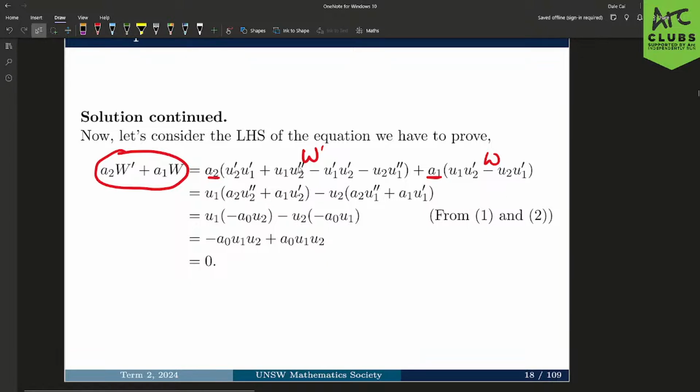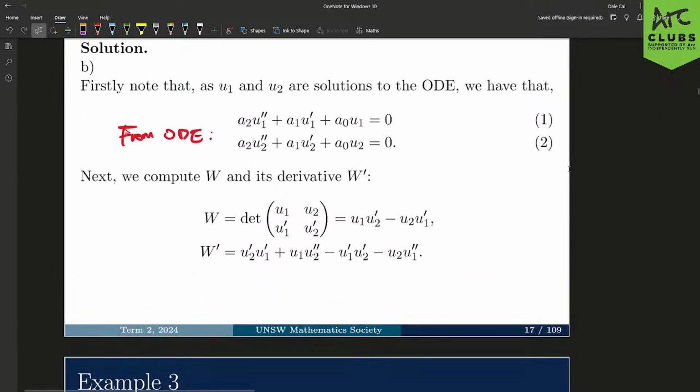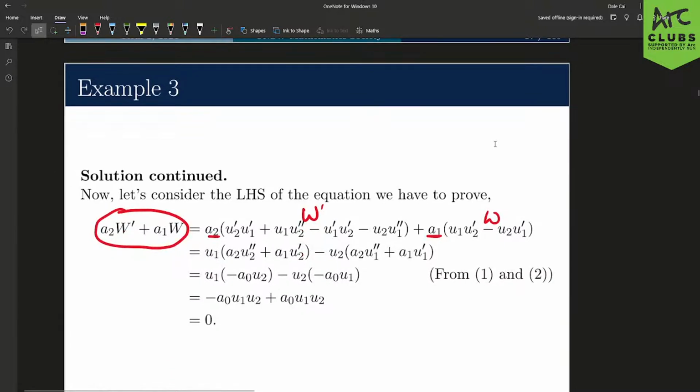And at this point, we want to simplify it. We're going to factorize it, or we're trying to make it look like equations 1 and 2. Right, we want to make something that looks like these equations. And what they do is they take the first section of this equation.